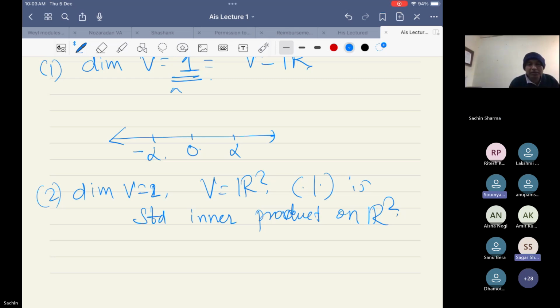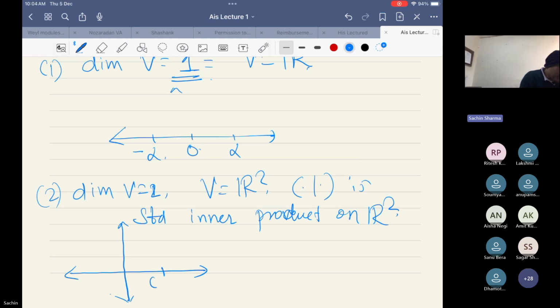We can take the standard basis and their negatives. Standard basis and their negatives means (1,0) and (-1,0) and (0,1) and (0,-1). Very nice.